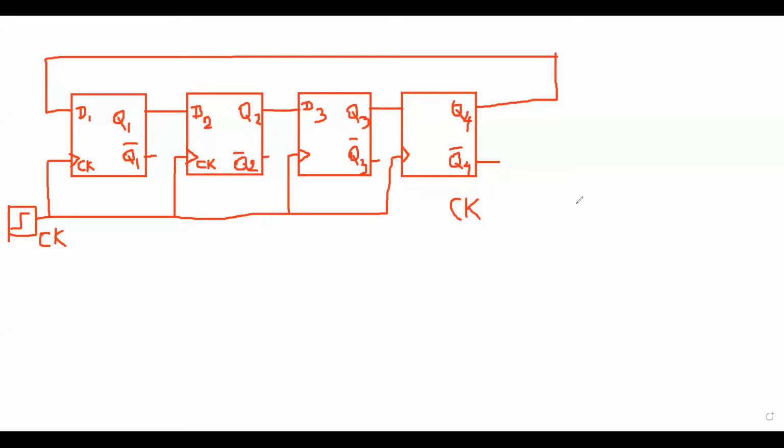first I'll make the clock pulse, then I put Q4 here, Q3, Q2, and Q1. These are the 4 states because it's a 4-bit counter. Here we have 4 D flip-flops.